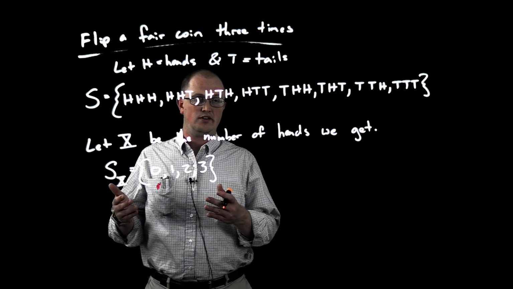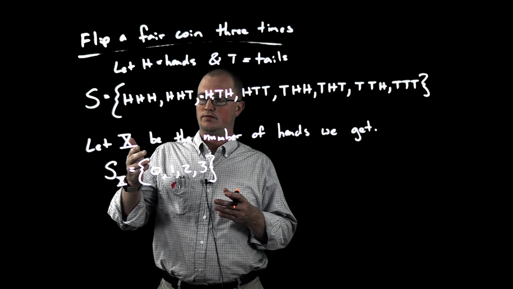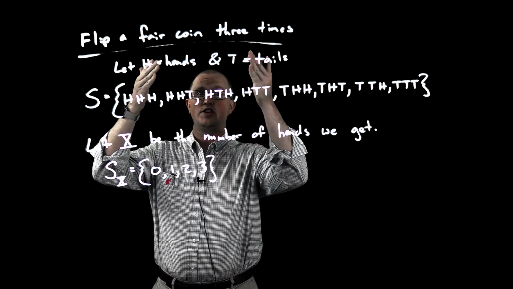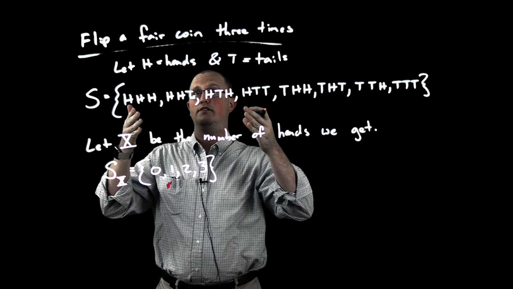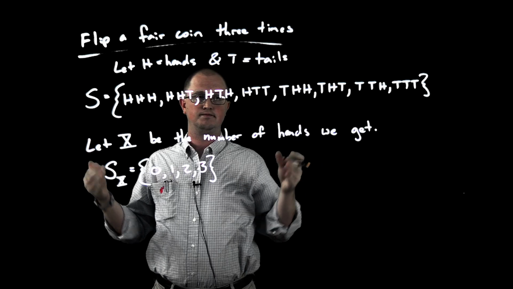And so these are the outcomes. This is the sample space for this random variable X, and it's based on the same experiment of flipping a coin 3 times as the original sample space.